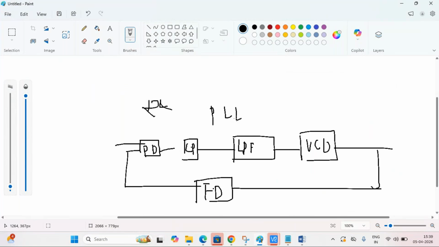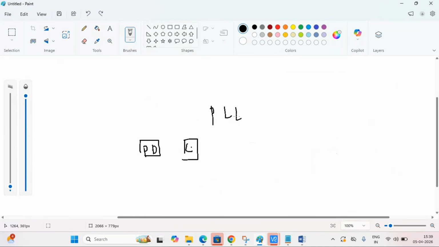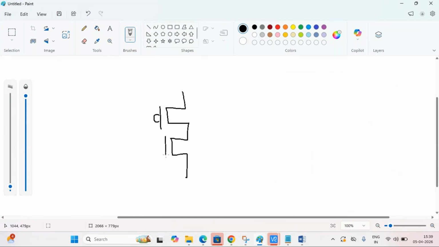Okay, let's take an example. Suppose I give you an inverter. This is just a CMOS inverter.